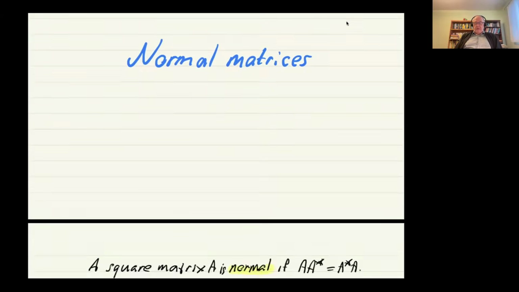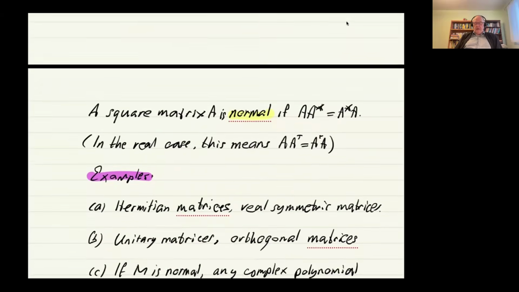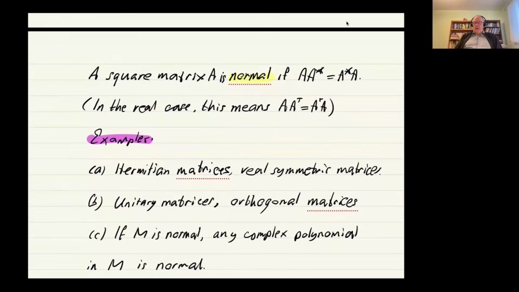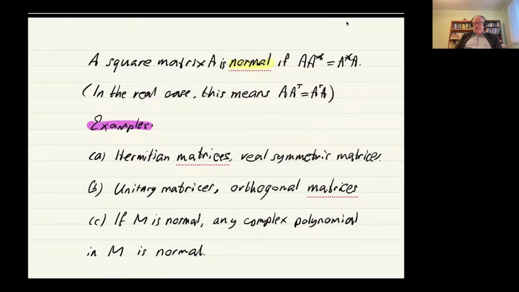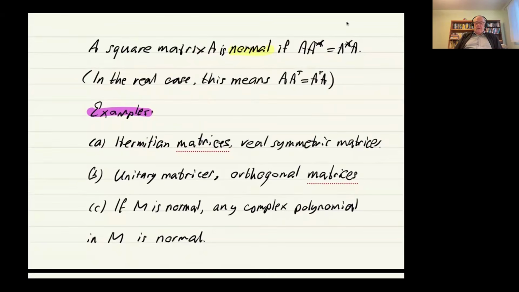So the class of matrices we're going to work with are normal matrices. A matrix is normal if it commutes with its conjugate transpose, or if it's real, it commutes with the transpose. This is the definition of a normal matrix, and this is sort of the biggest class of matrices you want to work with, and I don't think we need to go beyond it in this course.